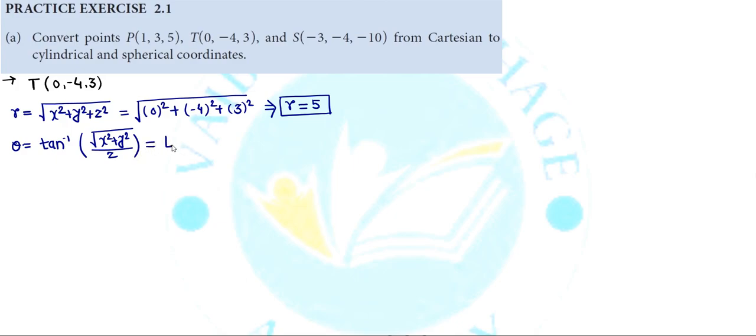So put the values of x, y, and z within this equation. x is 0 square, y is minus of 4 square, and z is as it is, that is 3. If you simplify this equation, you will find that theta is equal to 53.13 degrees.